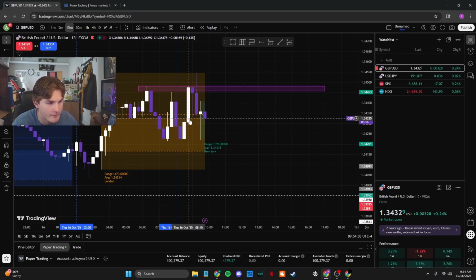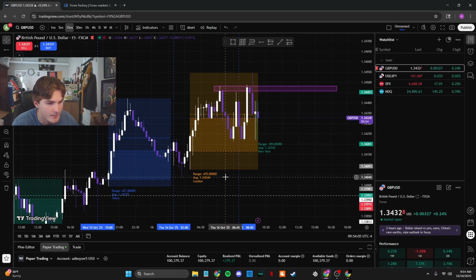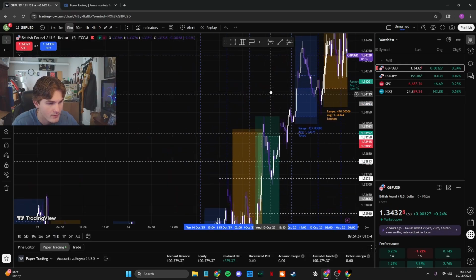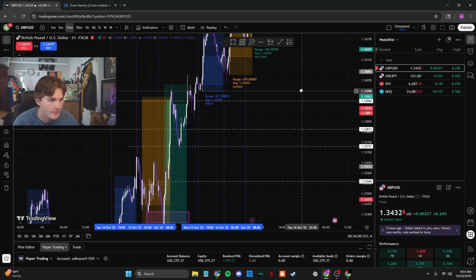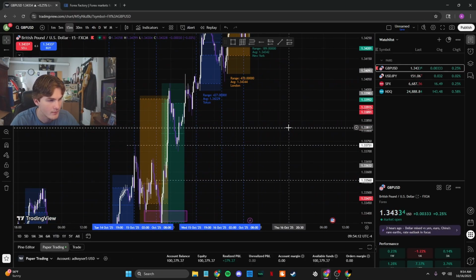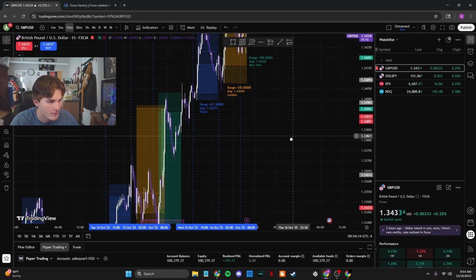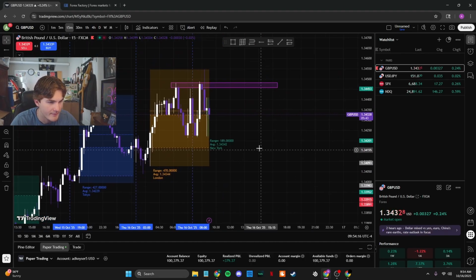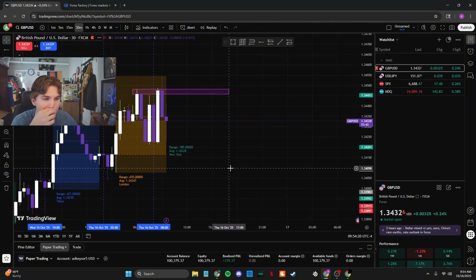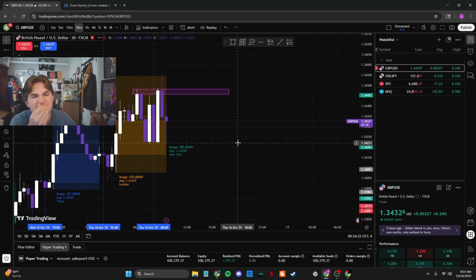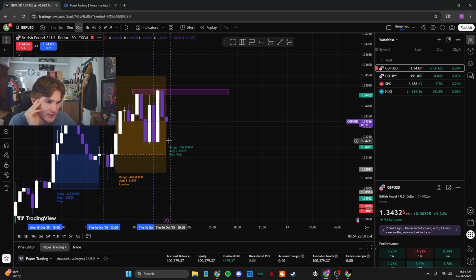Now we have break of structure would have to be around... I mean, this is all just chopping. Break of structure would have to be down here. So if this candle closes, it almost got there, but it has 5 minutes left.